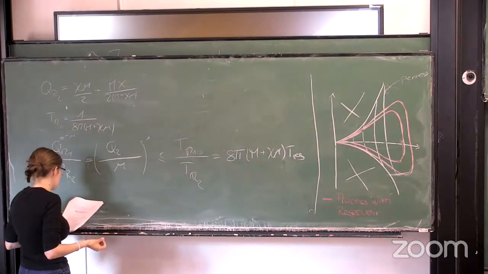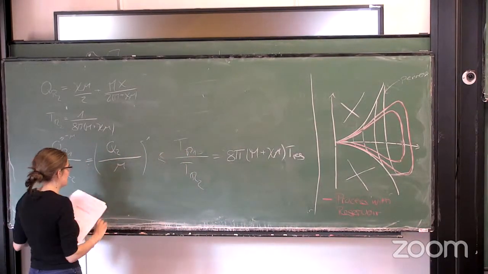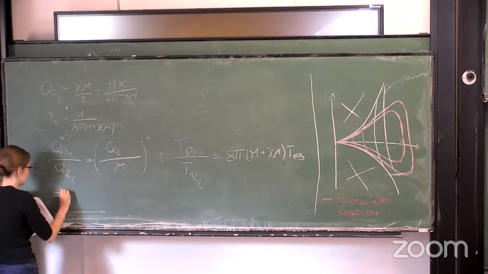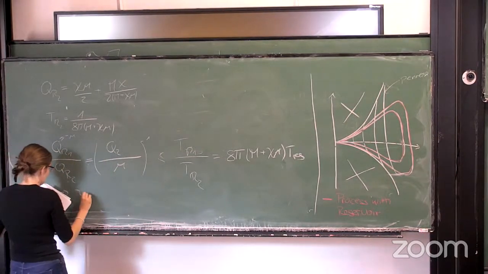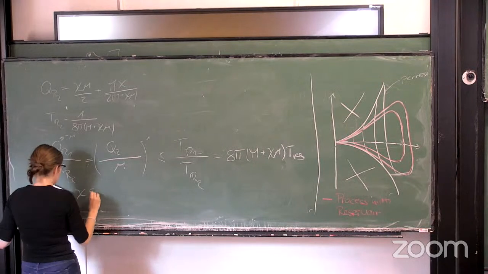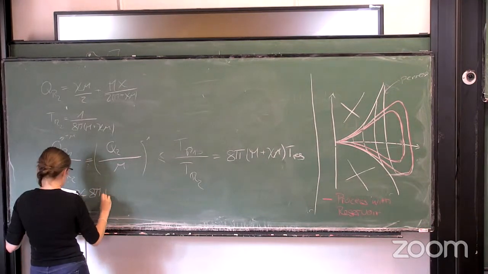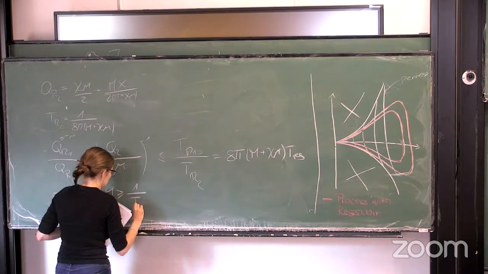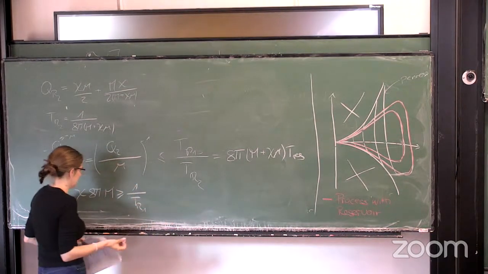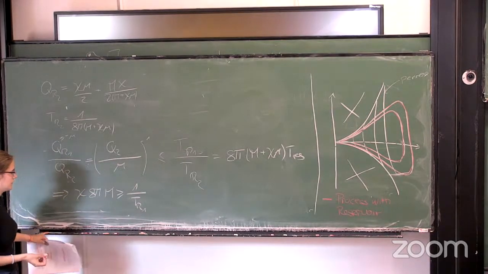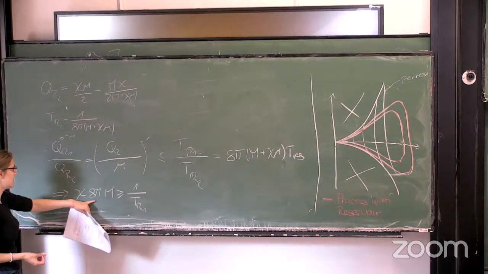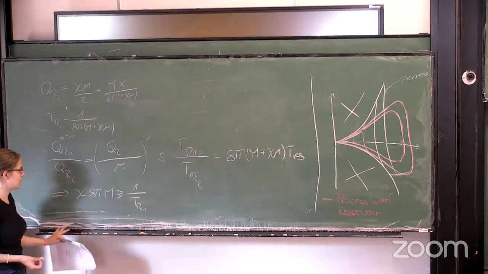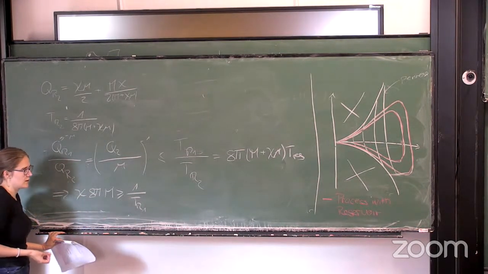If you then simplify this entire inequality, you find the same equation if we assume that mu is small. The 1 over 8 pi m has to be bigger than the temperature of the reservoir R1.